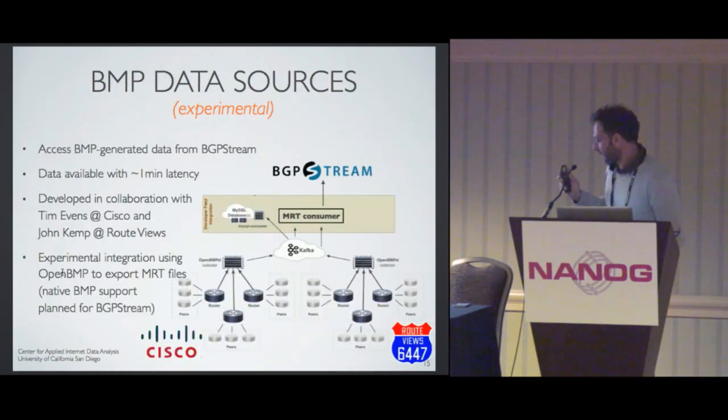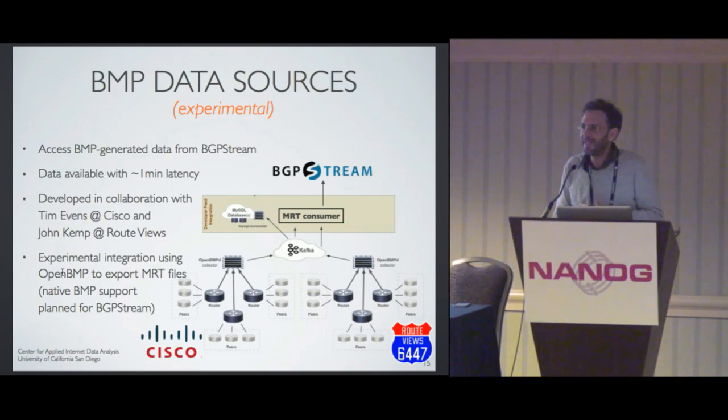One last thing that I wanted to mention is an experimental deployment to make BGP Stream access BGP-generated data, because all the examples that I made were related to RouteViews and RIPE RIS, for which we typically have a latency. I'm talking about the MRT files that are published by these projects on the web.